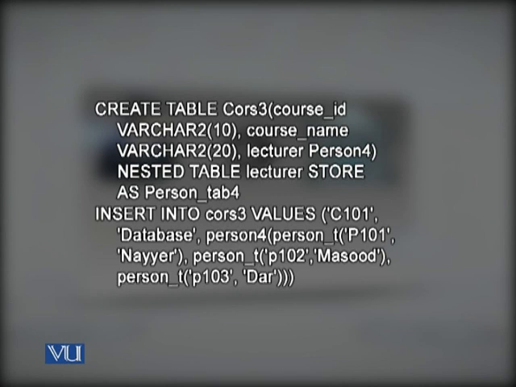For that, we have to use the constructor of the type that we created for the person. So, for each row that we want to insert into the nested table, we will use the name of the type, in this case person_T, person underscore T, and in the parentheses, you give the ID of the person and the name of the person.